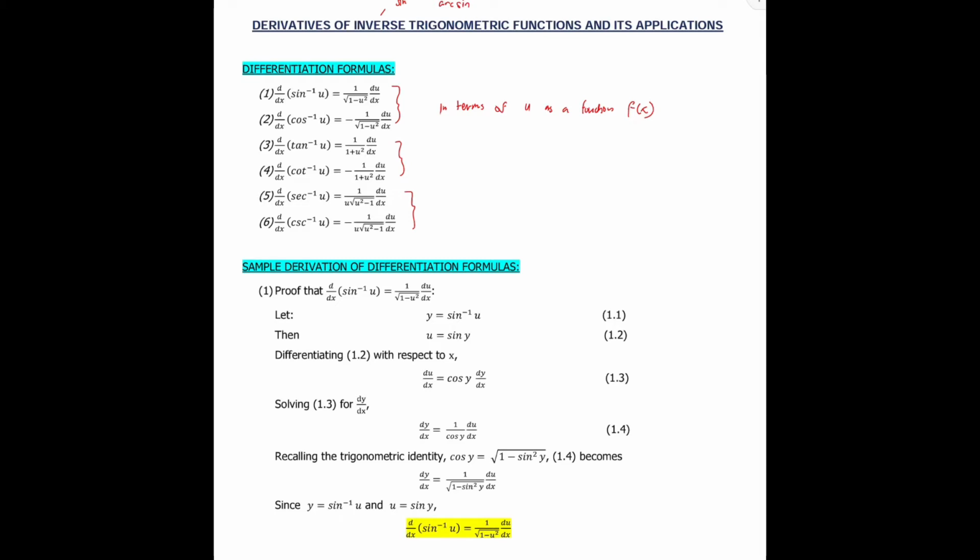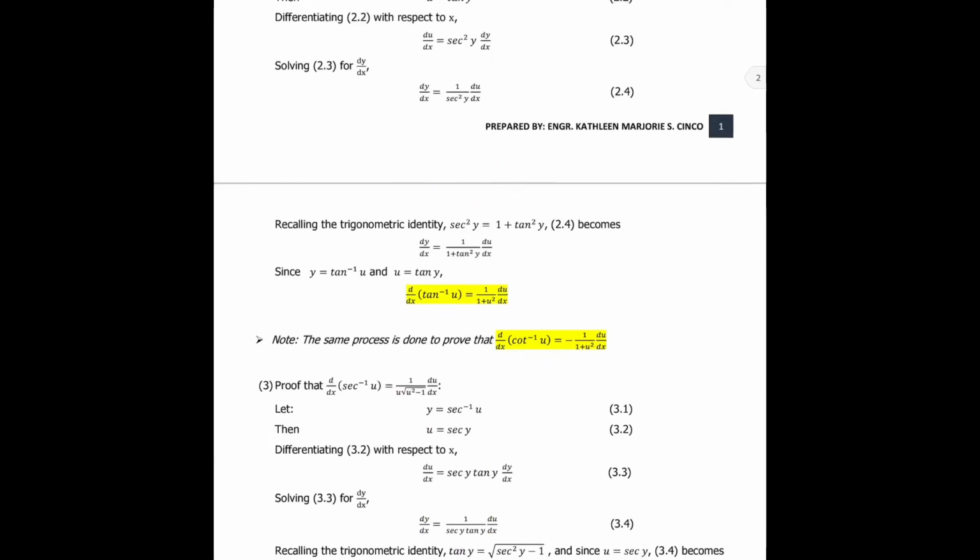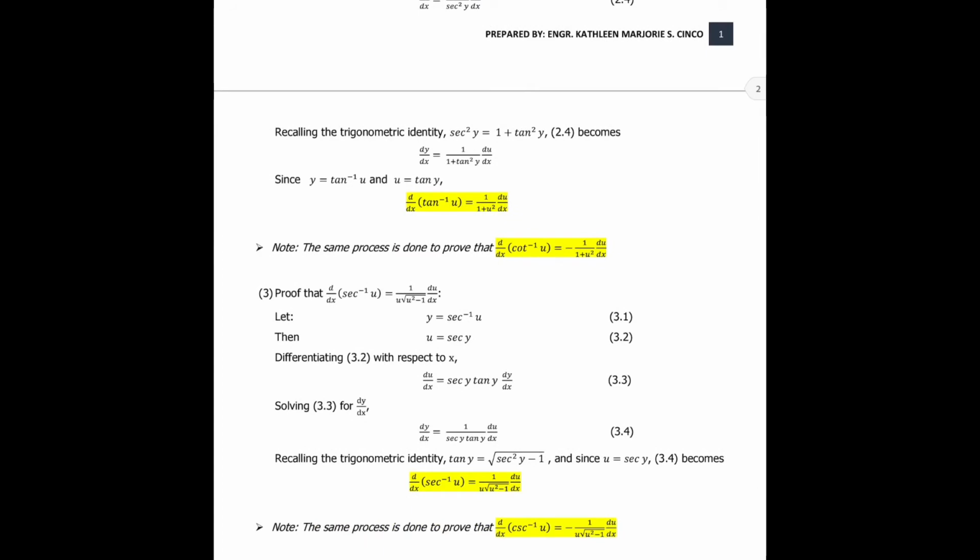So ingana ang notation sa inverse trigonometric functions. So kaning mga pares-pares diri naa siya'y proof diri sa following formulas.